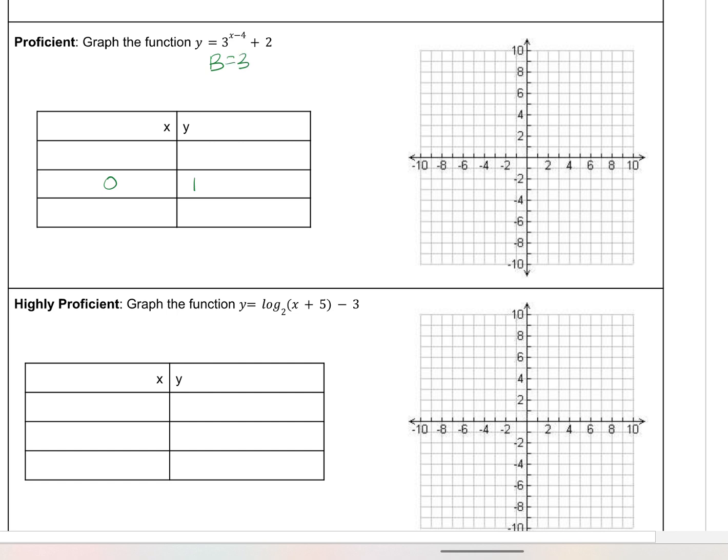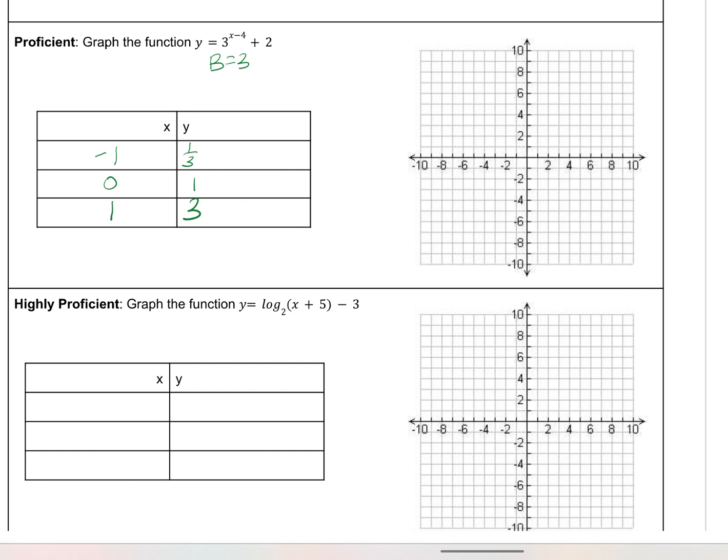So using the base, if I had a 1 in place of my x, I would have 3 to the 1, and I would get a 3. So this is going to be 1, and this will be 3. And then if I do the opposite down here, if I do a -1, then it will be a 1/3. Okay, so this is our starting point for the exponential graph.